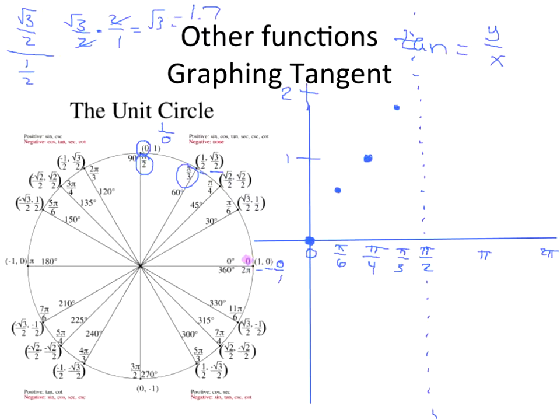So at 3 pi over 2, I'm going to get a 0 on the bottom, because y over x, I did get a 0 on the denominator at 3 pi over 2. So if I plug that back in, 3 pi over 2 is also going to be undefined right there. Dot, dot, dot. So what we're going to find with tangent functions is if I continued on and I plotted all the rest of my points, we are going to get this funky looking curve where our undefined spots are really asymptotes.